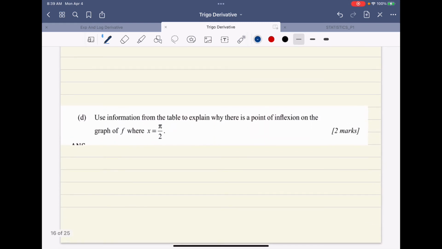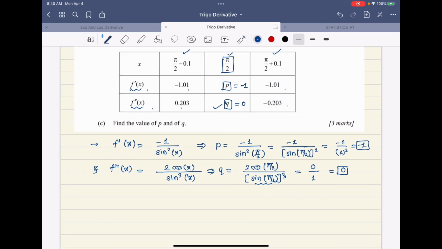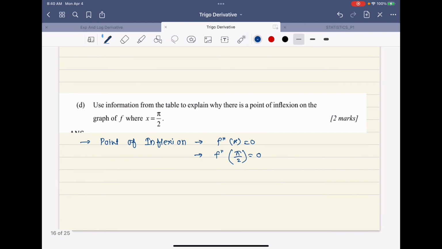Last part. Use information from the table to explain why there is a point of inflection on the graph of f where x is equal to pi by 2. It is only 2 marks. The point of inflection condition is that the double derivative is equal to 0. We just saw that f double dash at pi by 2 is equal to 0. And there has to be a sign change.